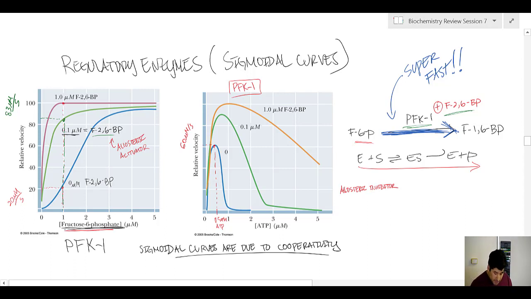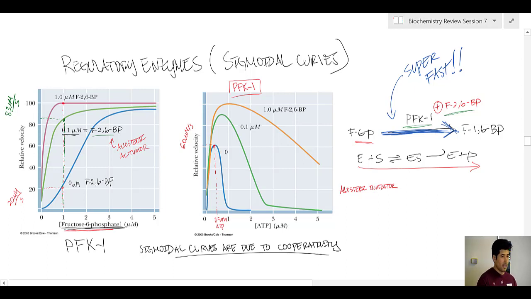When you increase the amount of ATP, what is happening to the velocity? So don't look at the green or yellow lines. I only want you to look at the blue line. When you increase the amount of ATP, what is happening to the blue line? It's decreasing.